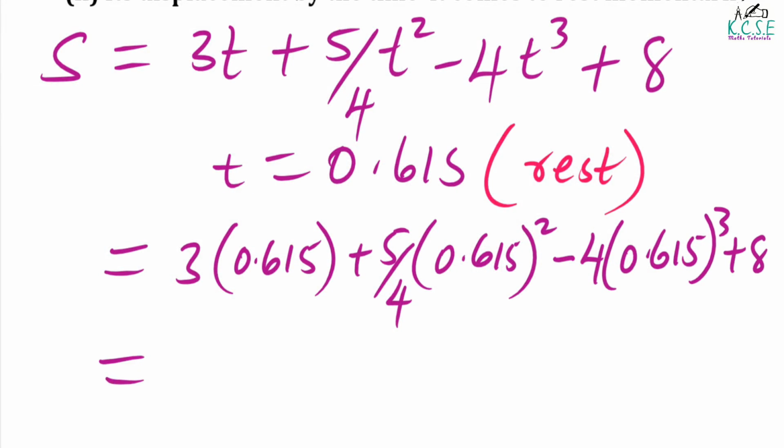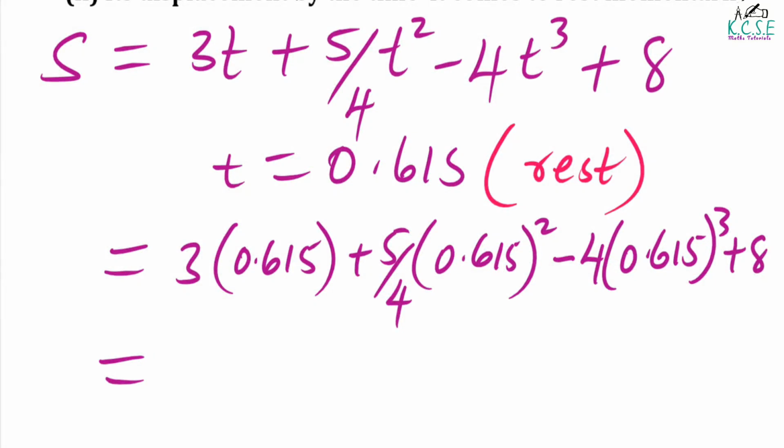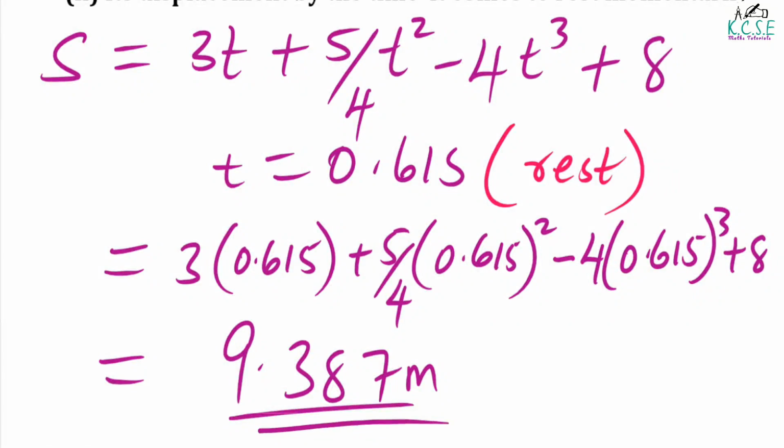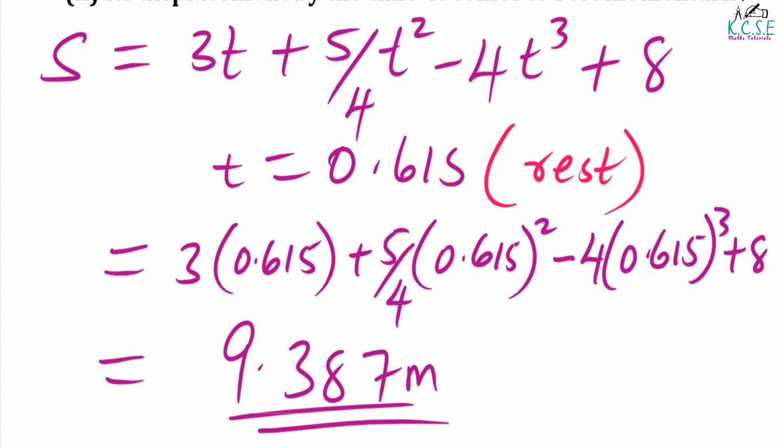So that is how you substitute that. Then you simply use the calculator to work it out, and you'll get 9.387 meters. So that is the displacement when the particle comes to rest momentarily.